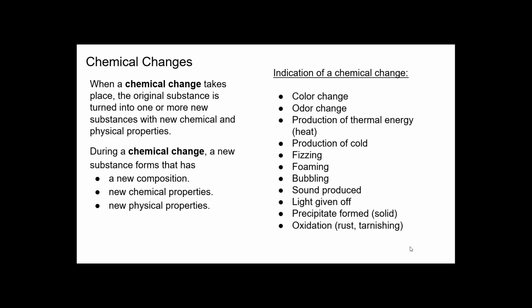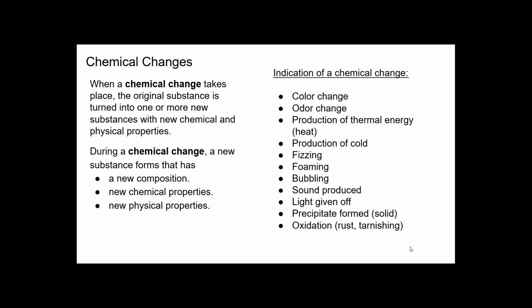Indications of a chemical change are a color change, an odor change, or heat given off during a reaction. That's where those heating pads come from. If you ever had those disposable ones where you break the pad, there's a chemical reaction taking place, and that chemical reaction is giving off heat. Same as an ice pack: production of cold.